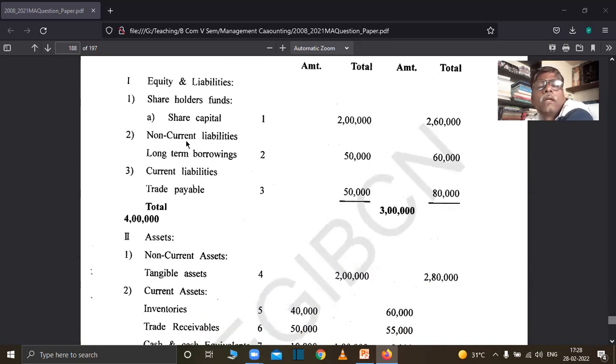Then current liabilities. In the non-current liability, there is a long-term borrowing. Long-term borrowing is 50,000, 60,000. 10,000 long-term borrowing increased. 10,000 long-term borrowing increase means it is the loan taken. It is a source of fund.